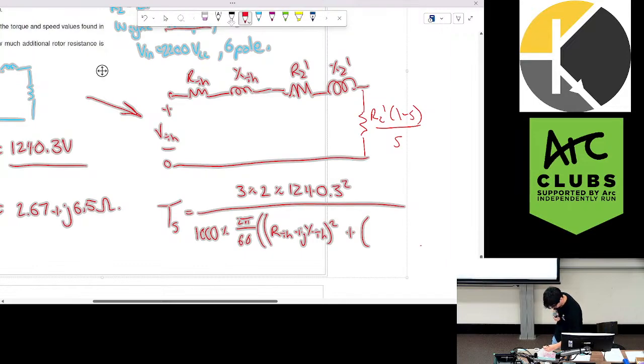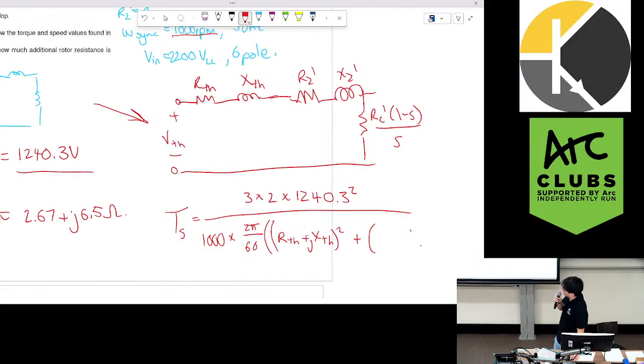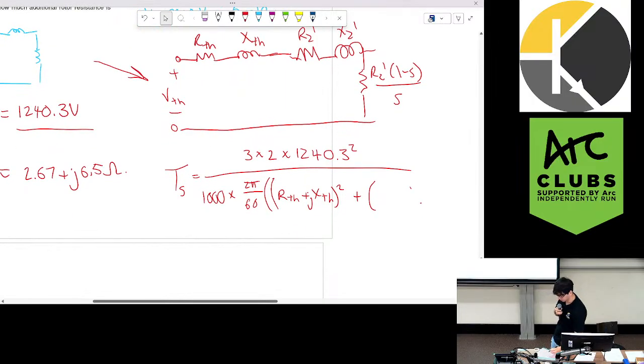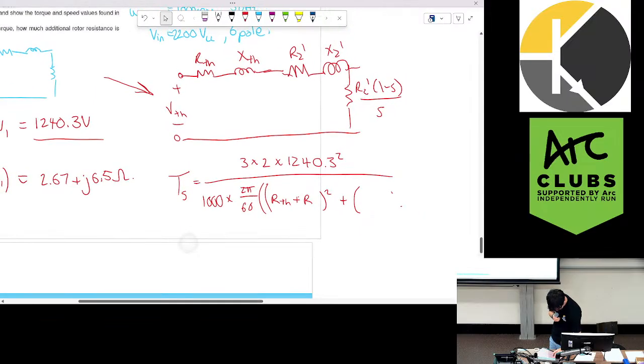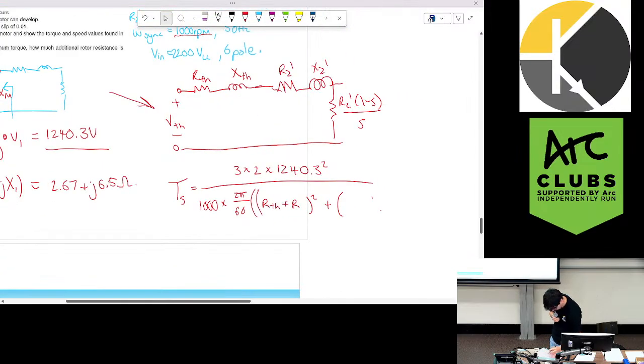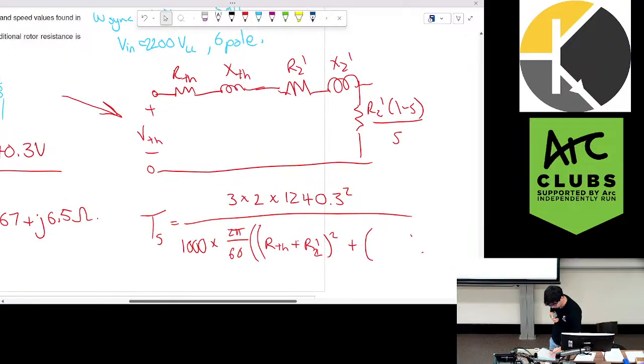No, wait, my bad. Because we're summing imaginary with real, we need to sum all of the resistances together and then take the absolute value. So this will be RTH plus R2 dash, because looking at our circuit, we have two resistances, RTH and R2 dash.